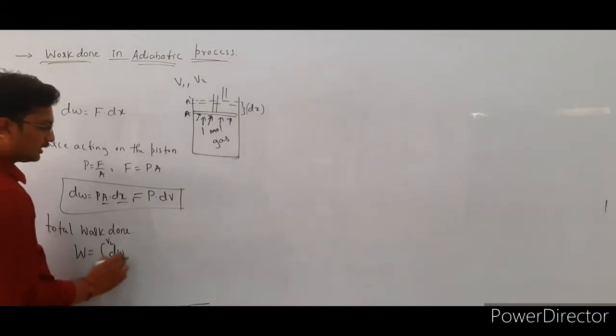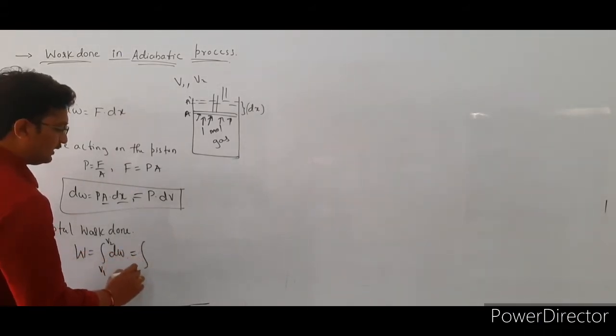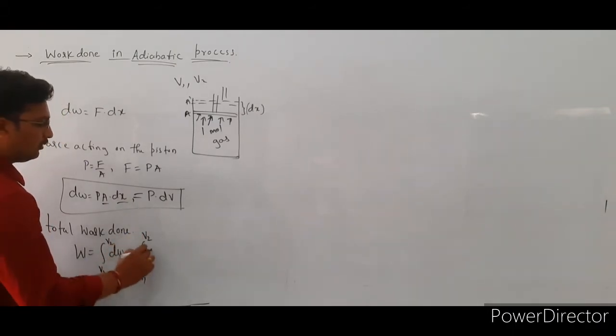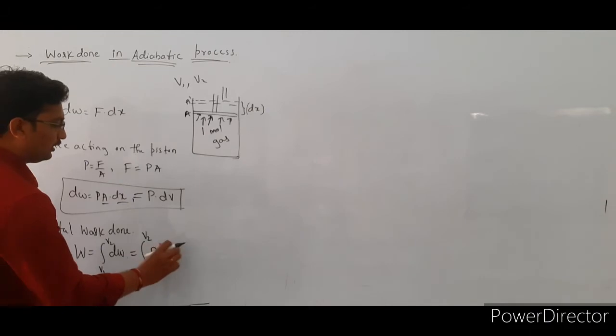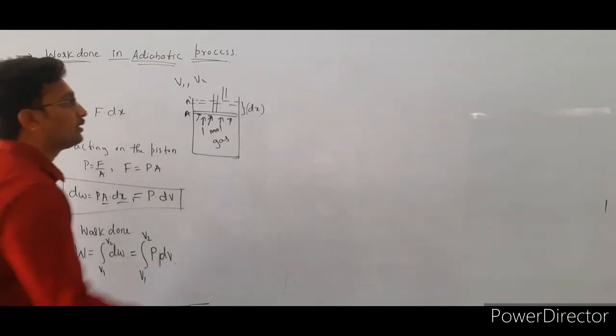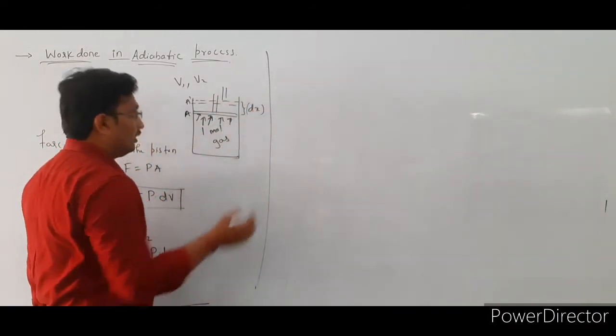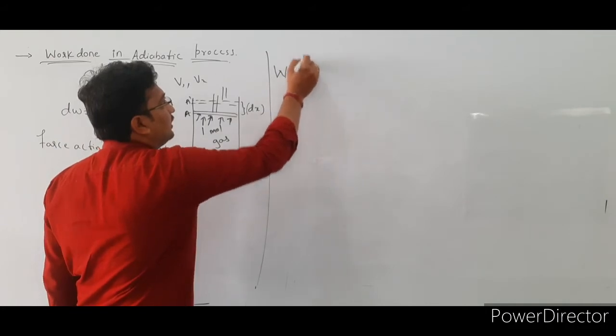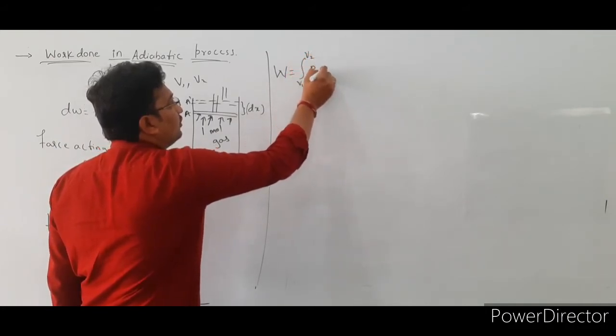Substitute the small work done value here: the dW value is pressure into dV, P into dV. So W is equal to integration of V1 to V2 of P dV.